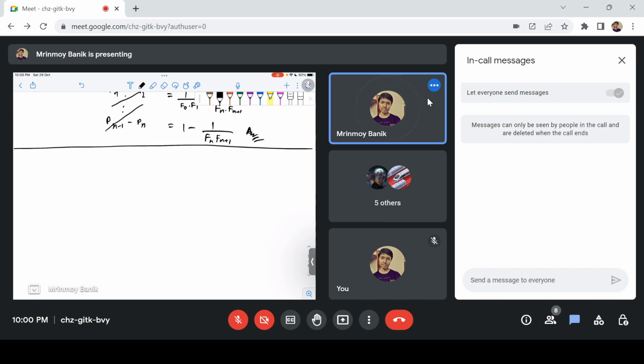So this was one of the unique examples. Now, let's see the next one. So this is like s equals 1 by 2 squared minus 1, 1 by 4 squared minus 1, up till 1 by 1000 squared minus 1.